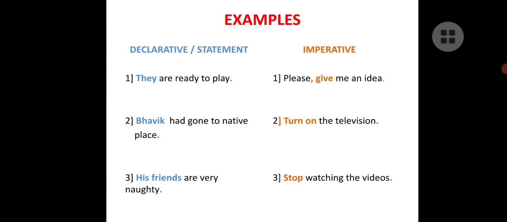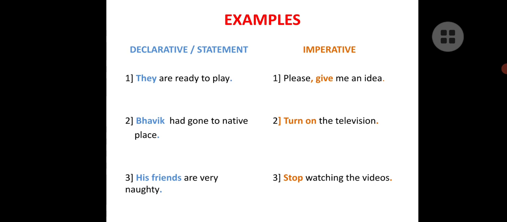So first one of declarative sentence, they are ready to play. See, they, it is the subject, and at the end there is a full stop. Second, Bhavik had gone to a native place. Bhavik is the subject, there is a full stop at the end. His friends are very naughty. His friends, subject, there is a full stop at the end. So these are the examples of statement, or we can say declarative sentence.